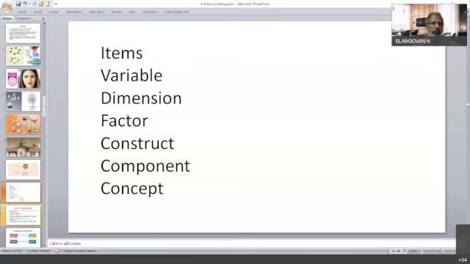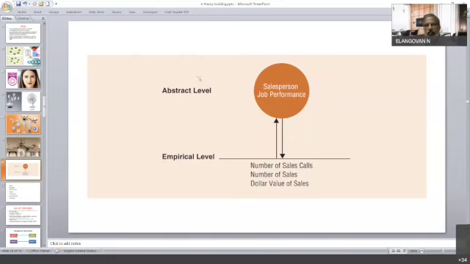So these are units, one component of a theory. A unit is nothing but a concept or something that is measured, which is a variable, or at a higher abstract level, a construct or a dimension.